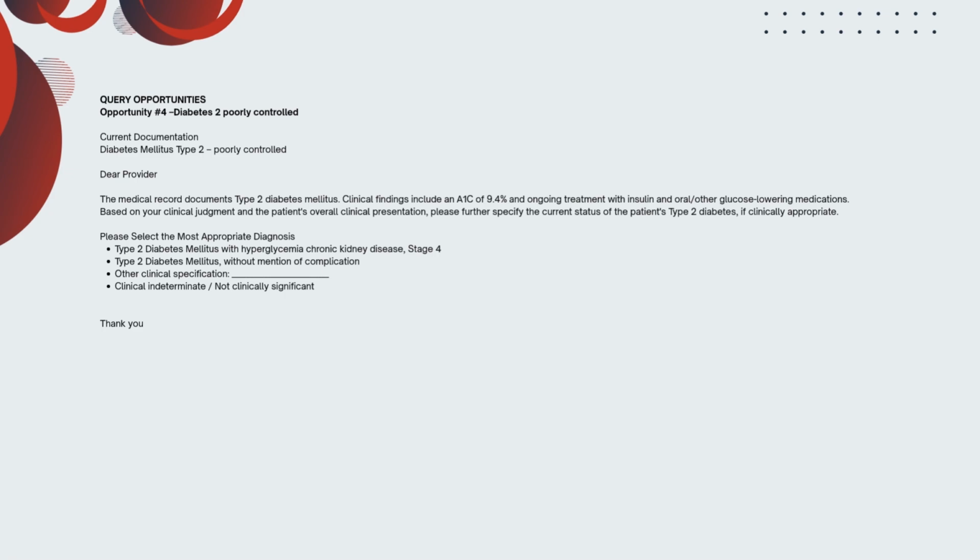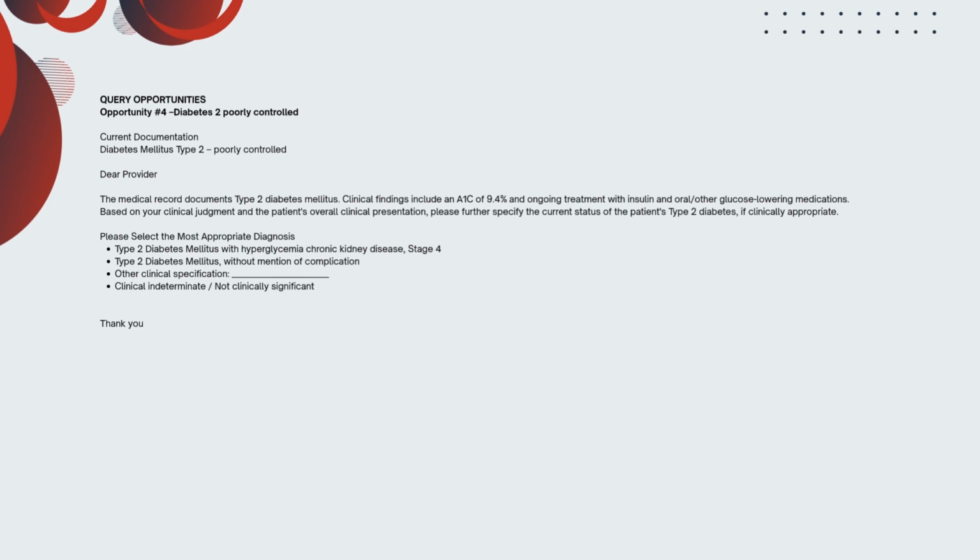Clinical findings include an A1C of 9.4%, and ongoing treatment with insulin and oral/other glucose-lowering medications. Based on your clinical judgment and the patient's overall clinical presentation, please further specify the current status of the patient's type 2 diabetes, if clinically appropriate. Please select the most appropriate diagnosis.